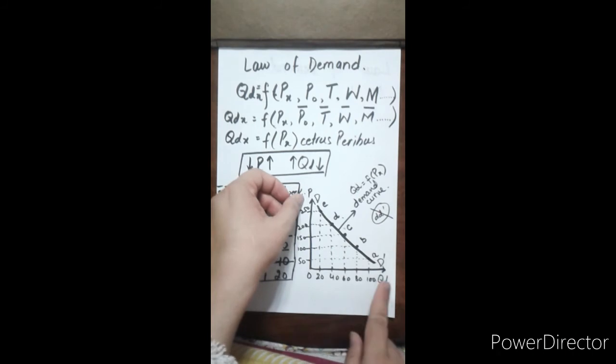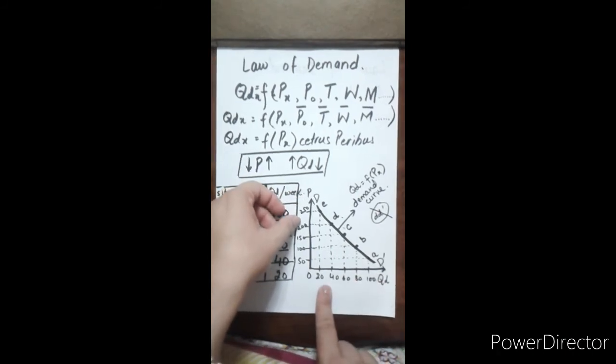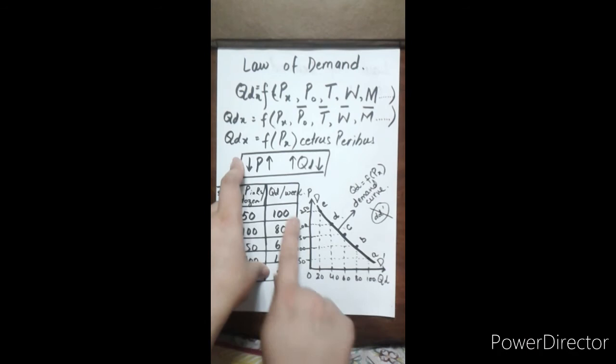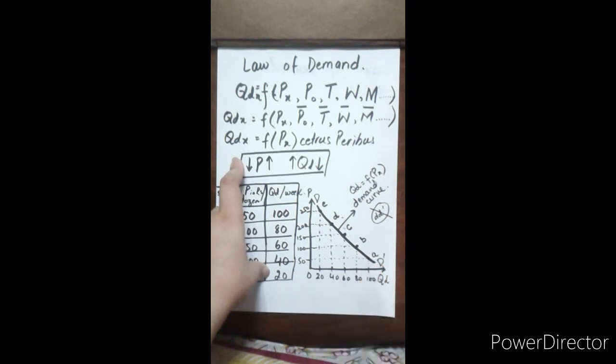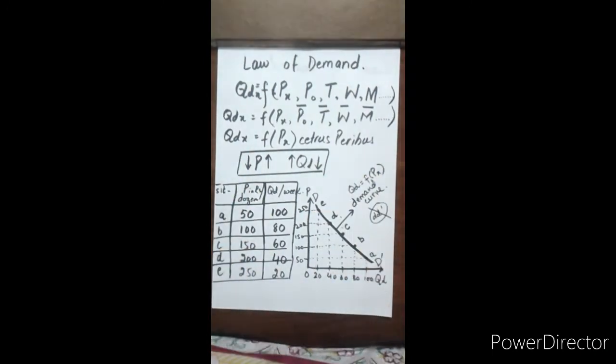When price is high, people are demanding lesser quantities of eggs, and vice versa. So this is what basically our law of demand is.